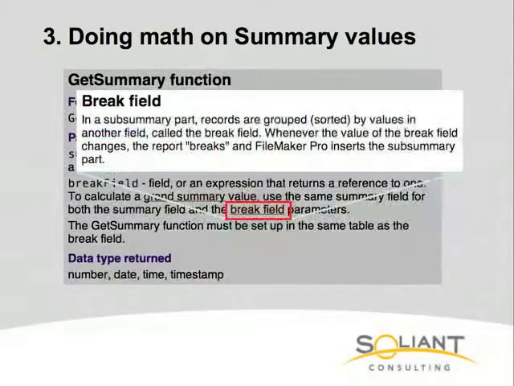And as it says in the help text, in a subsummary part for break fields, subsummary part records are grouped when sorted by values in another field called the break field. So whenever the value of the break field changes, the report breaks and FileMaker Pro inserts a subsummary. It's the same thing for a getSummary function.